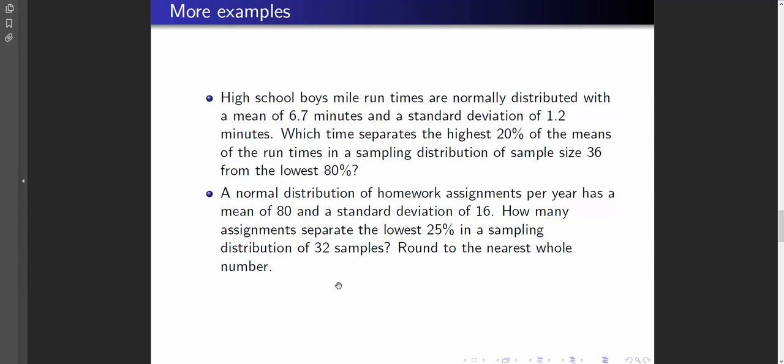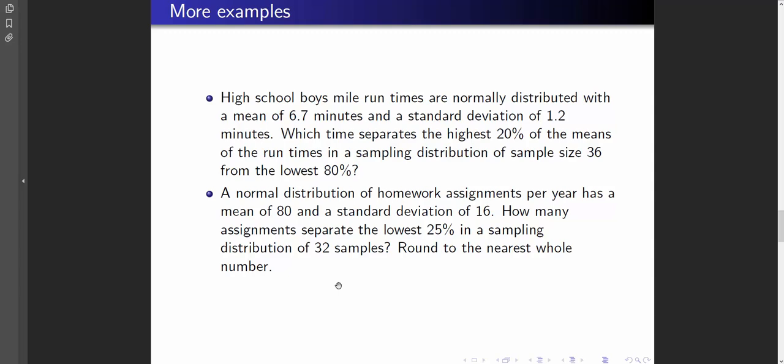Our variable is actually discrete, the number of homework assignments. This is not a continuous variable, but that's okay. Sometimes we can use a continuous distribution to approximate values for discrete random variables. We're not going to get into what assumptions you need to satisfy, but let's say everything is okay and we can apply the normal distribution here.